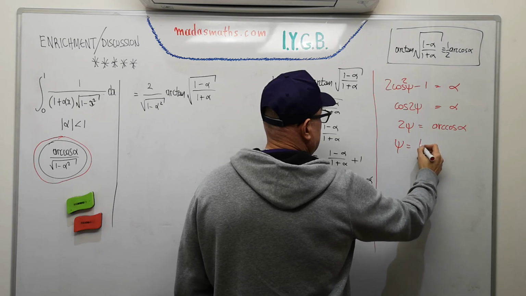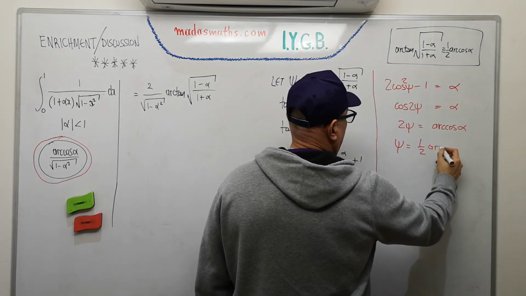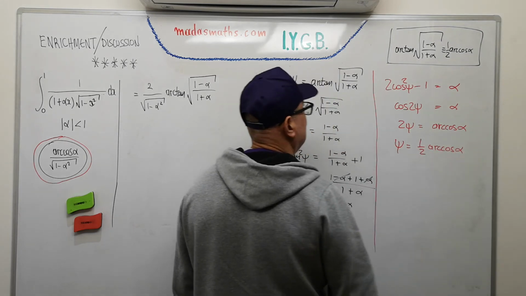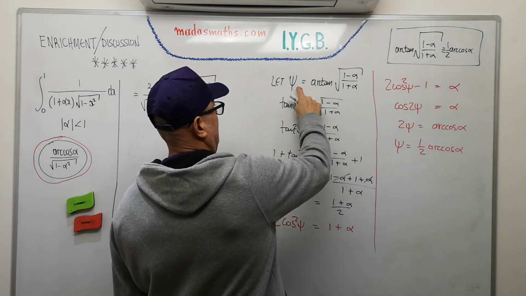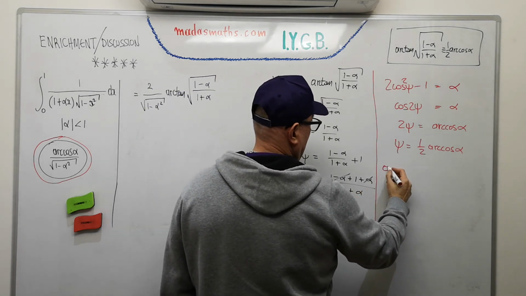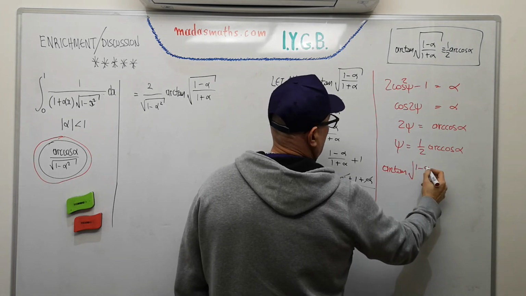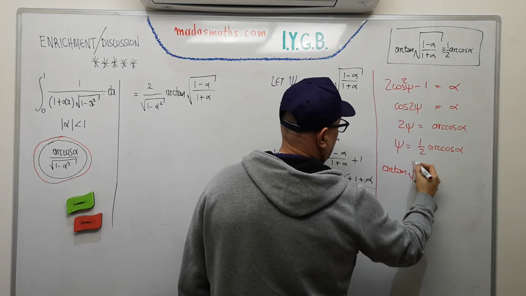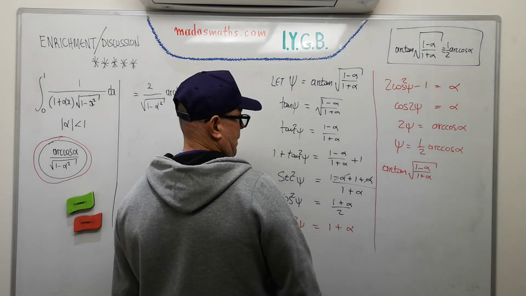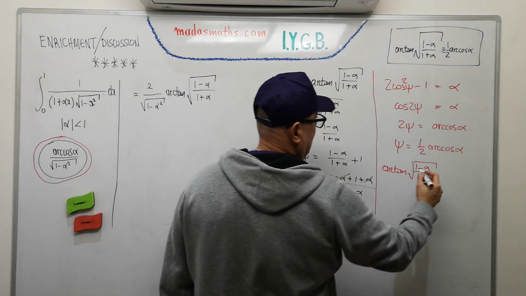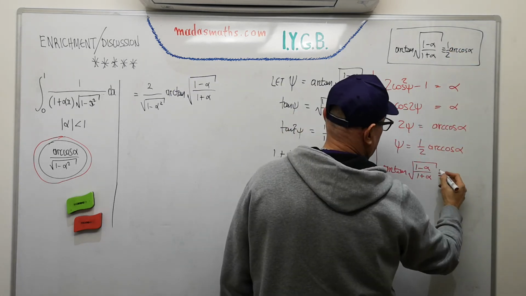Psi is a half arccos of alpha, and of course psi is my arctan. So the arctan of the square root of 1 minus alpha over 1 plus alpha, this quantity here, is indeed this quantity.